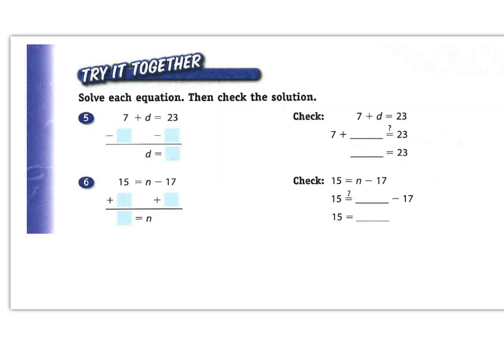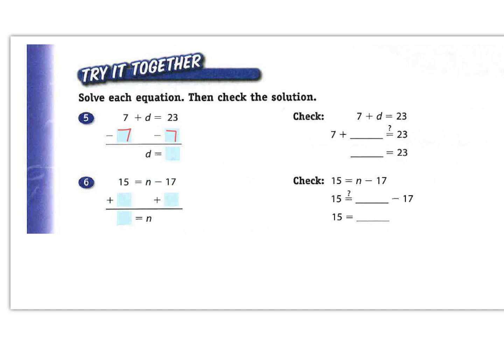Okay, this says solve each equation, then check the solution. So we're going to solve it, and then we're going to check it to make sure we did it right. All right, so we have 7 plus d equals 23. We got to get d by itself. We got to get the variable by itself. So since we're adding here, the opposite of adding is subtracting. We're going to take away 7 on both sides.